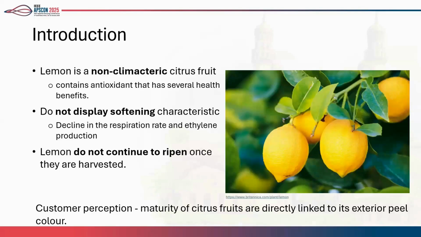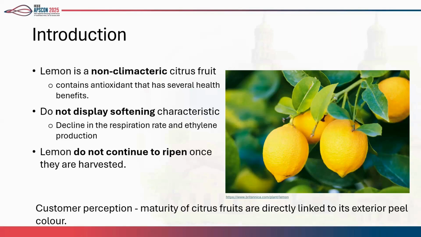So lemon, as we know, is a non-climacteric citrus fruit, and it has a lot of health benefits due to which it has been widely consumed by various communities across the globe. What we observed in the case of lemon is that since it is non-climacteric, it does not display any softening effect, especially the characteristics of ripening after harvesting.